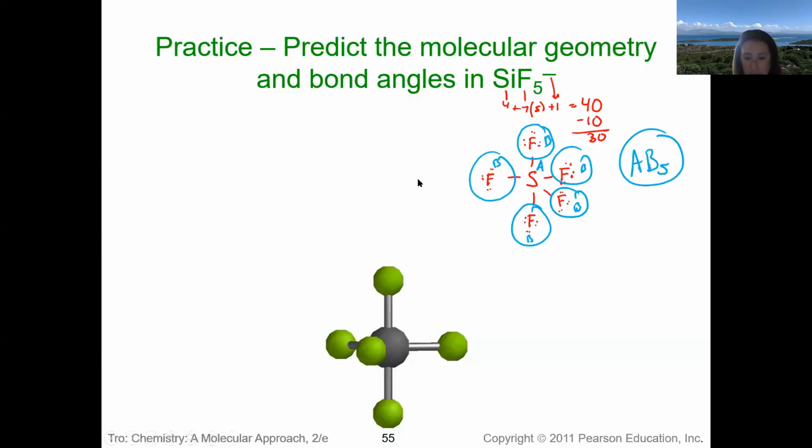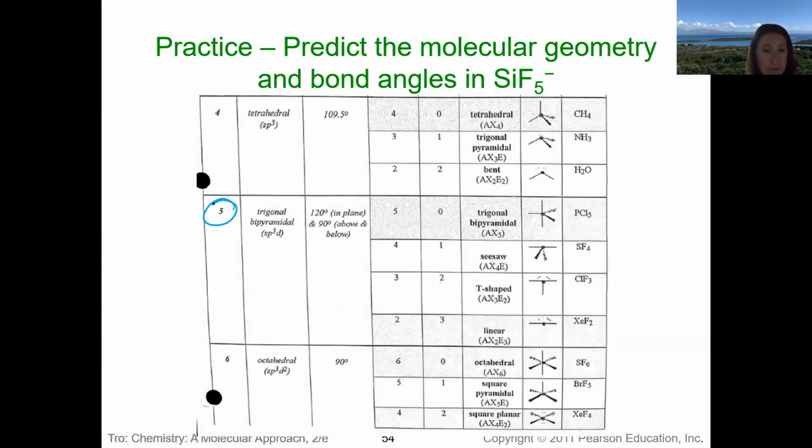Again, when we do this, there's 5 total things around the central atom, right? We got 5 things, 5 electron groups. They happen to all be bonded atoms. So we're at 5. And then we have, again, AB5, which means 5 bonded atoms.